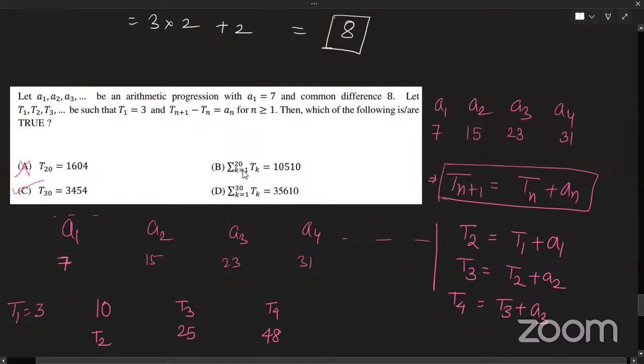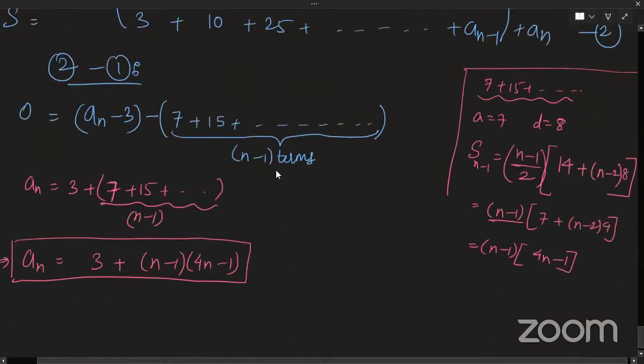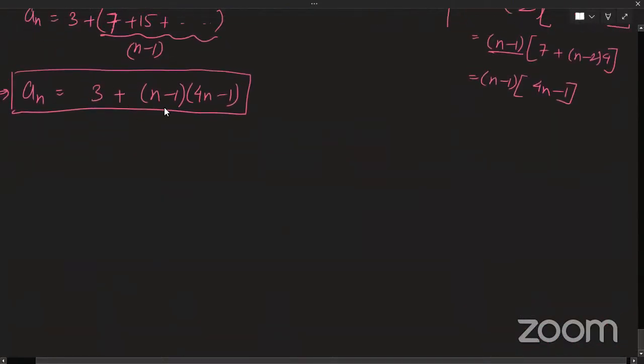It is asking me to take the summation of tk, the nth term, from k to some value. How do I take the summation of this thing? Sigma of 3 plus n minus 1 into 4n minus 1. In order to do that, you will need to observe this first.